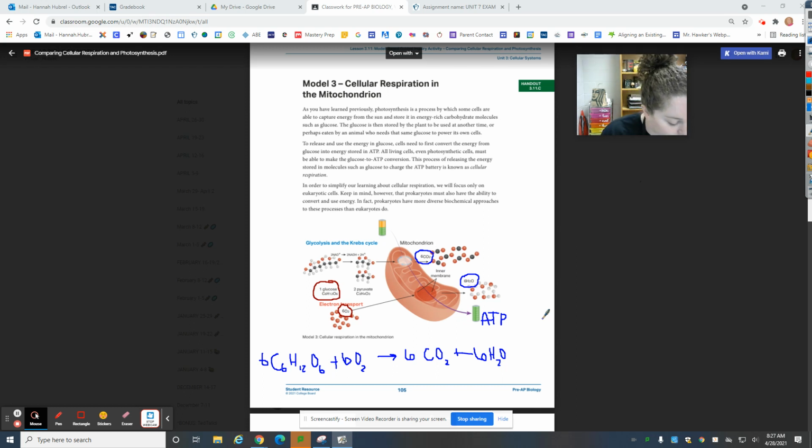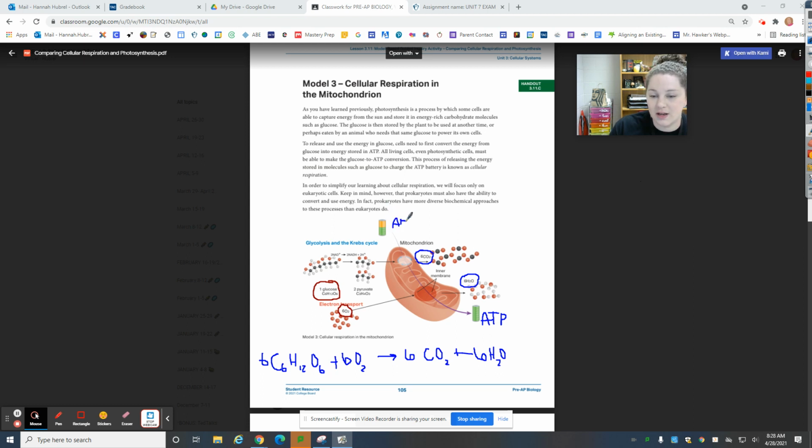So it says through number 6, through the process of cellular respiration, 36 to 38 ADP molecules are converted to 36 to 38 ATP. So every time these cells go through this process, ADP goes through and comes out ATP, the ADP starts here.